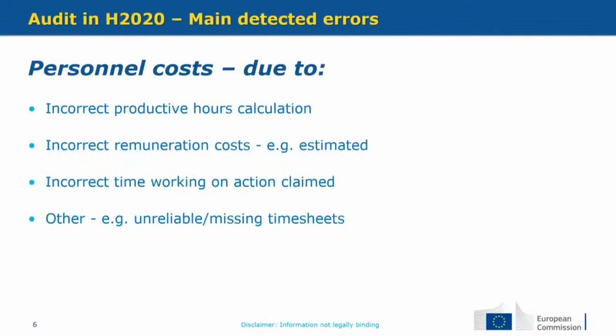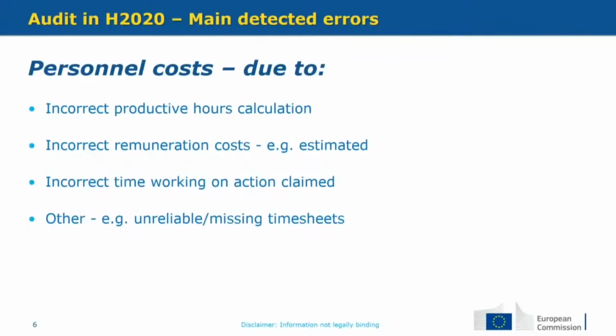The main detected errors: now we'll present to you in the slides the main detected errors during the audits that we carried out for Horizon 2020 actions. For personnel cost especially, they are due mainly first of all to incorrect productive hours calculation.